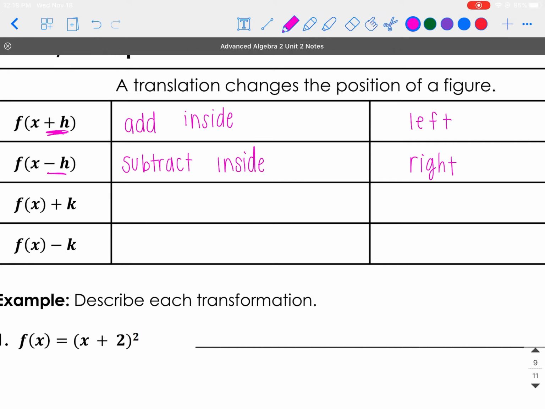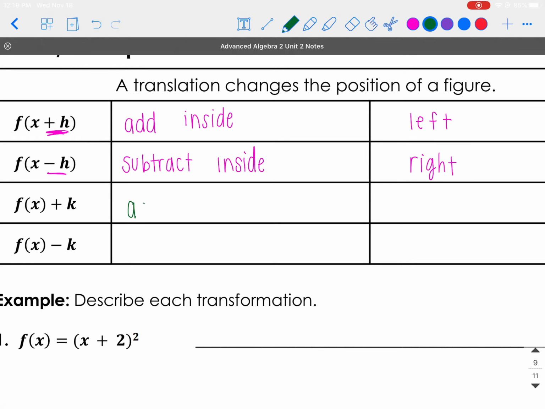That moves either left or right. So adding is left, subtracting is right. That's actually opposite of what you would think. Most people think, oh, if I'm doing plus, I'm adding, I move right. But it's opposite. However, notice the next two, what I'm adding and subtracting is outside of the parentheses.